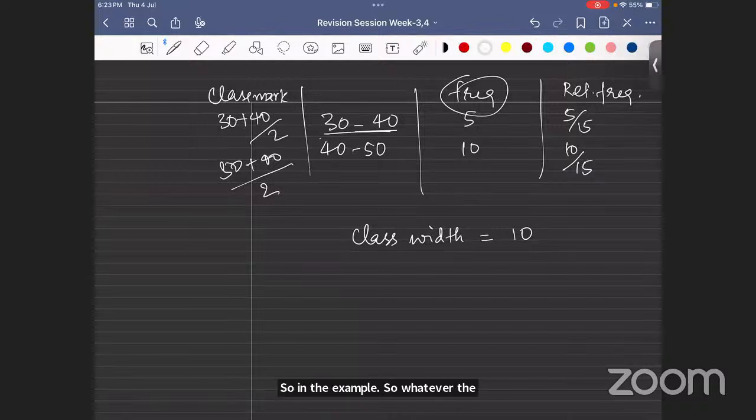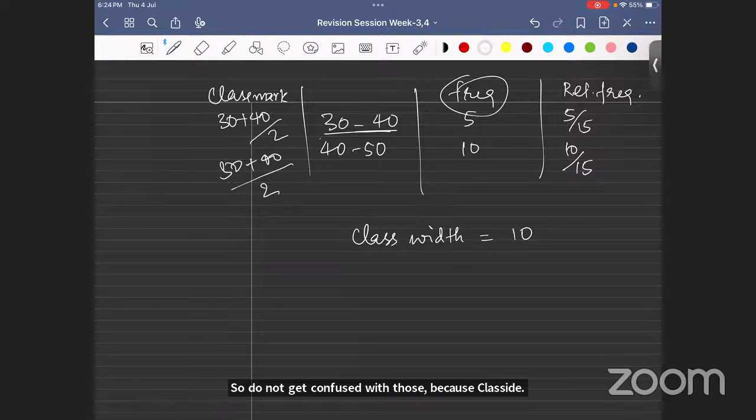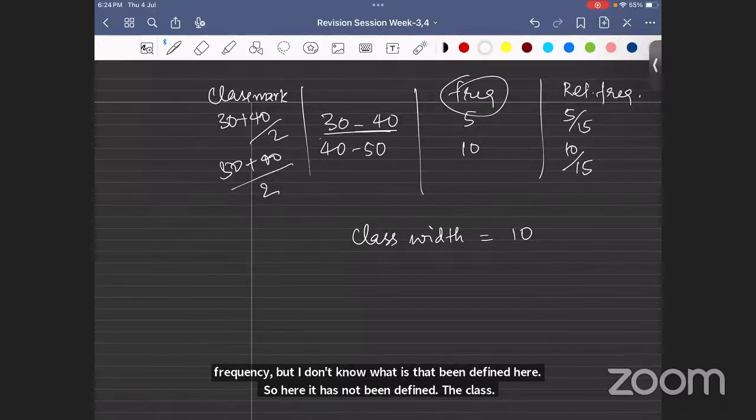These are very common terms, so there can be different terms used for class interval and class width. Do not get confused with those, because class height generally feels like you're talking about the frequency, but I don't know what is defined here. So here it has not been defined, the class height. Okay, sir.